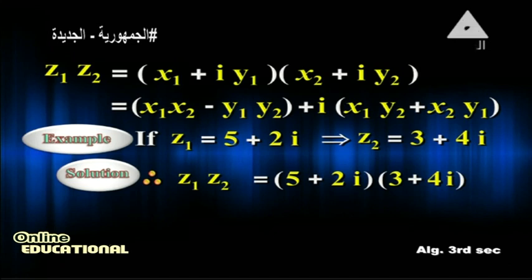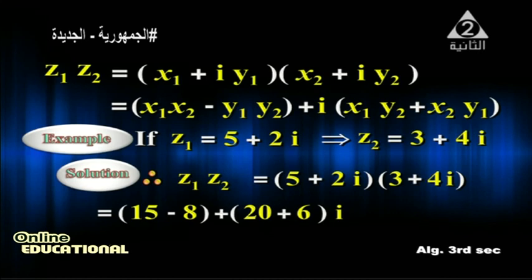We multiply 5 times 3, 15, 2i times 4i, 8i squared, negative 8, and means with means, and extremes with extremes: 5 times 4i, 20i, 3 times 2i, 6i. Therefore we add like terms: 7 plus 26i. Z1 Z2 equals 7 plus 26i.